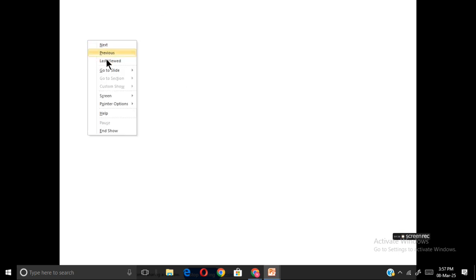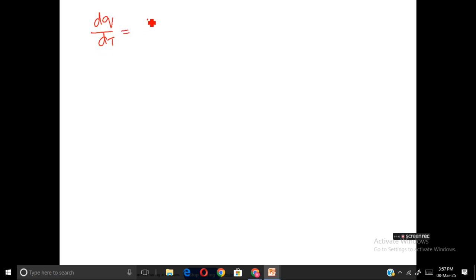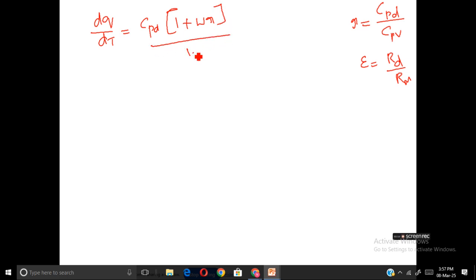Now we can write dQ by dT is equal to Cpd into (1 plus W into R) divided by (1 plus W). This value Cpv by Cpd is another constant which is denoted by R, just like our epsilon, which is given by Rd by Rv. So in this case W is the mixing ratio.